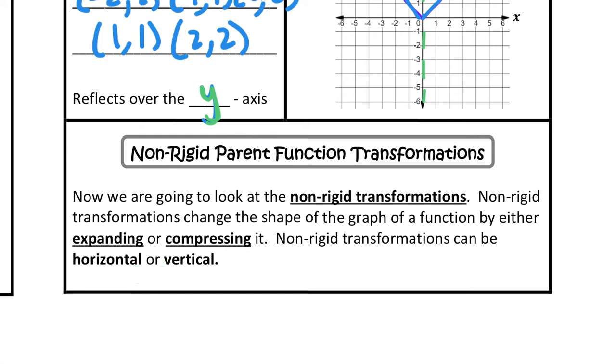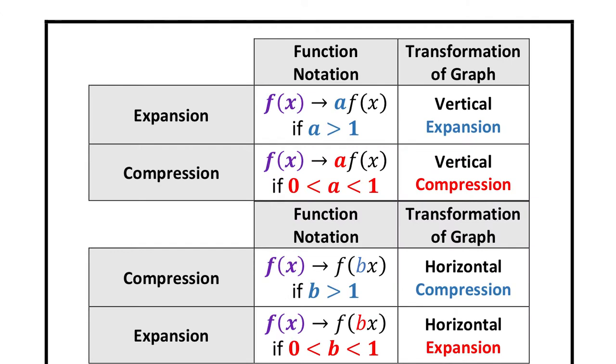So we're going to jump over to the next page. There are vertical and horizontal compressions, and they look different for each one. We're going to go through each one and see what's the difference between them and what's happening in the different compressions.